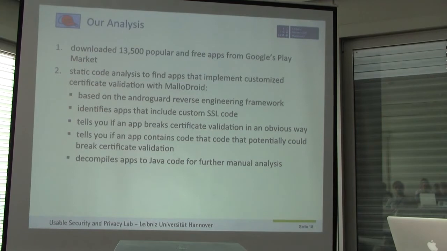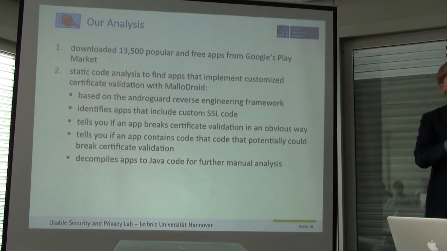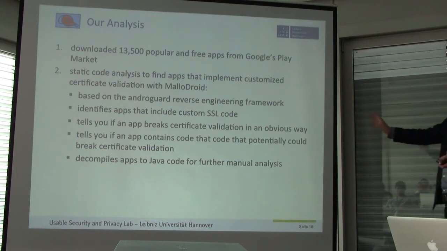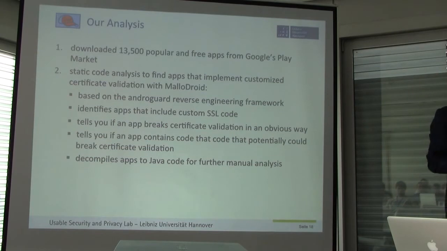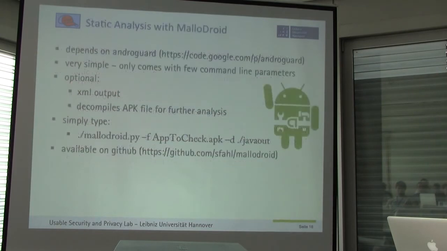Some of the more simple patterns we detect automatically and actually flag as this is a definite problem. In many cases, we will just tell you there is code contained in this application which could potentially lead to a real-world problem. And in these cases, we also automatically decompile the app for further analysis and give pointers on where to go and look.